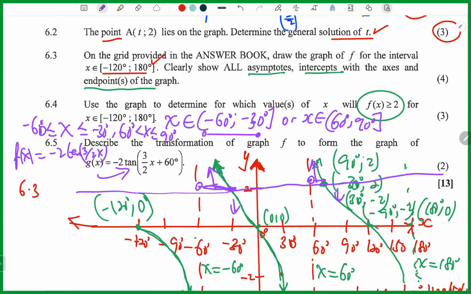What on earth happened? Okay, so a couple of things have happened here. Now, this is what actually happened. So there was a transformation of the function according to this rule. So this happened.